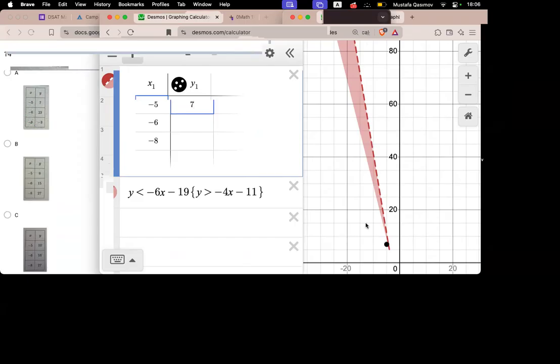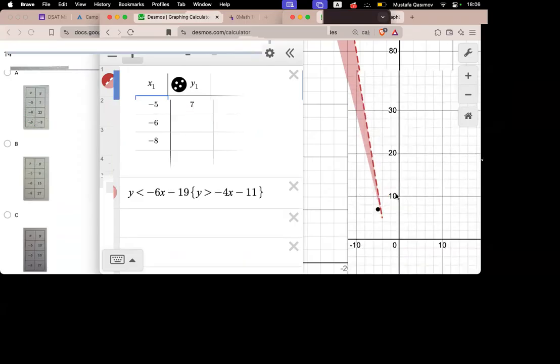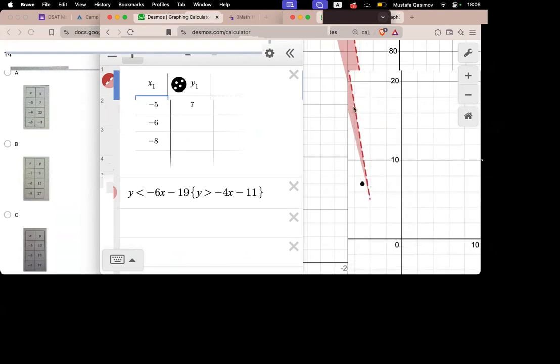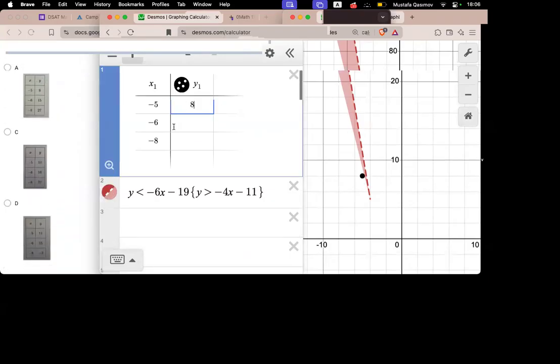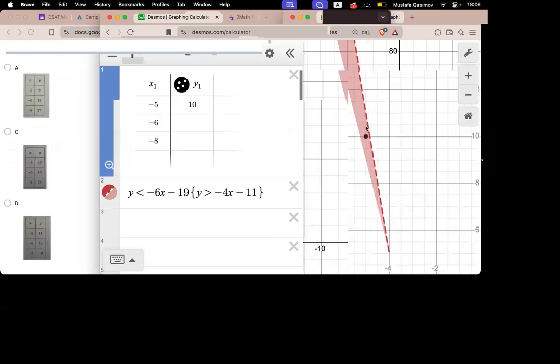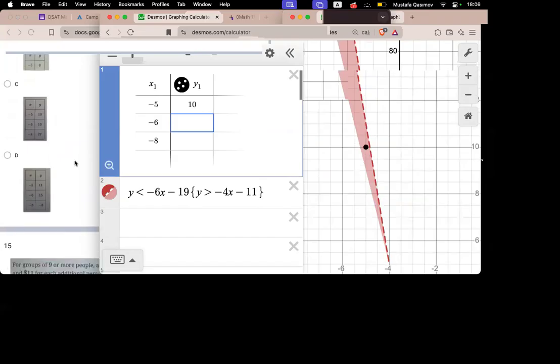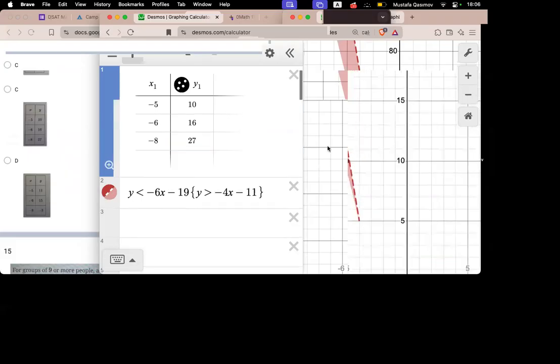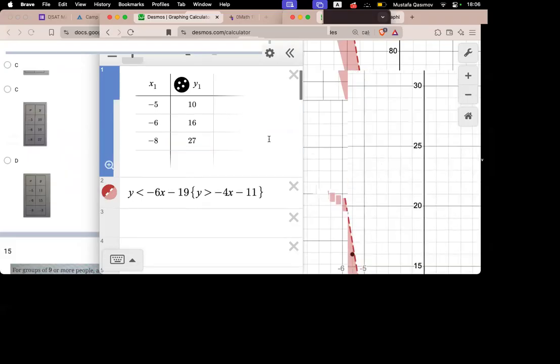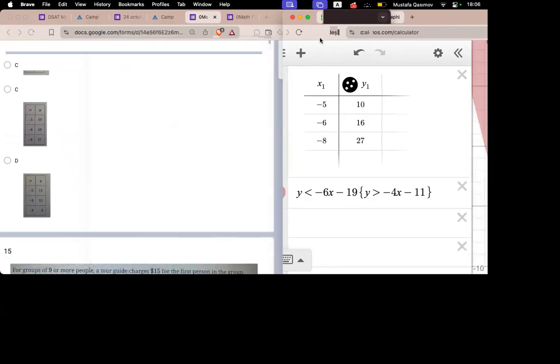Okay, when you write 7, you can see that it is not on the shaded part, right? It is not correct. -5 and 8, it's not correct. -5 and 10, yeah, it's correct. It's our answer, probably. But we have to check all of them. 16 and 27. Correct and correct. So answer is C.